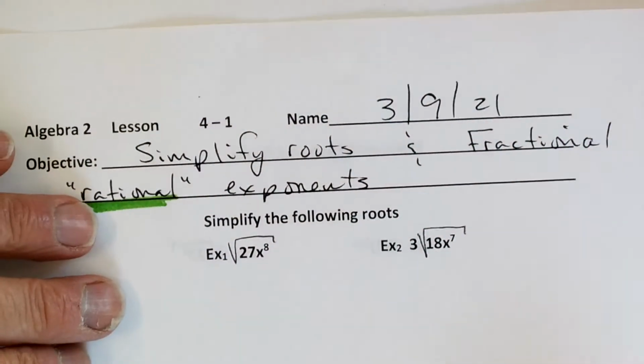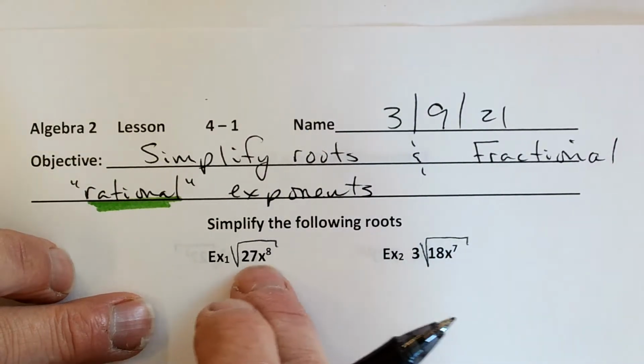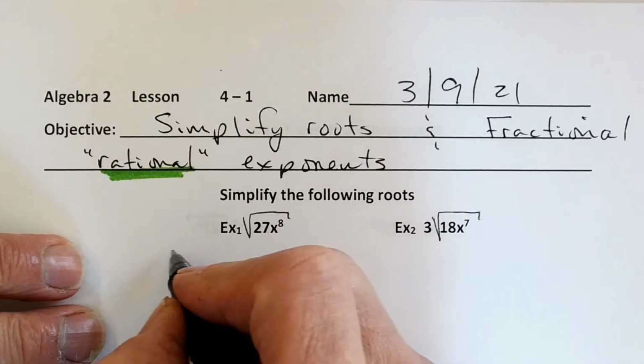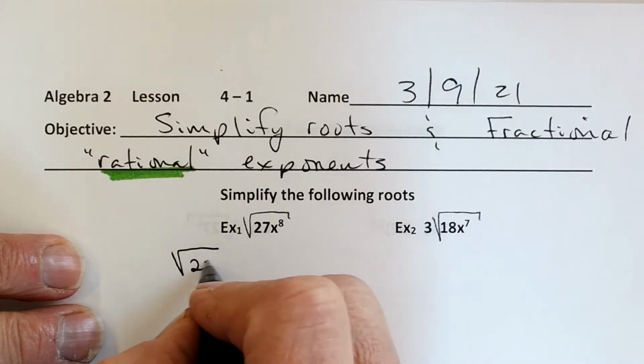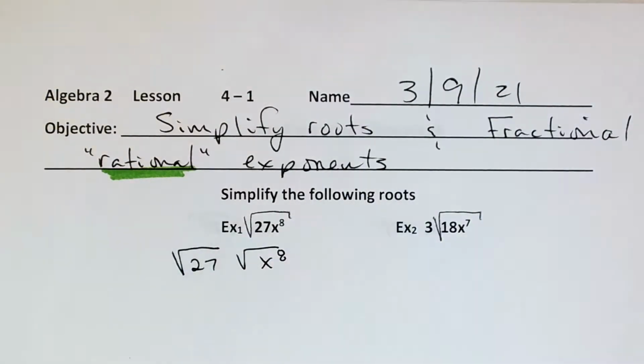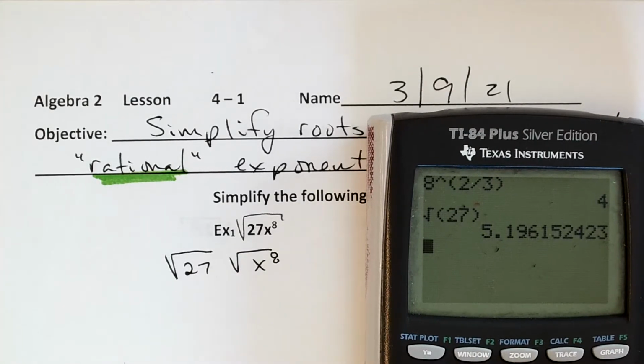So example 1, if I want to simplify this, I'm going to look at this as two different problems, right? The square root of 27 and the square root of x to the 8th, okay? The square root of 27 is really a pretty ugly number. If I go square root of 27, I get this bad looking decimal irrational number.